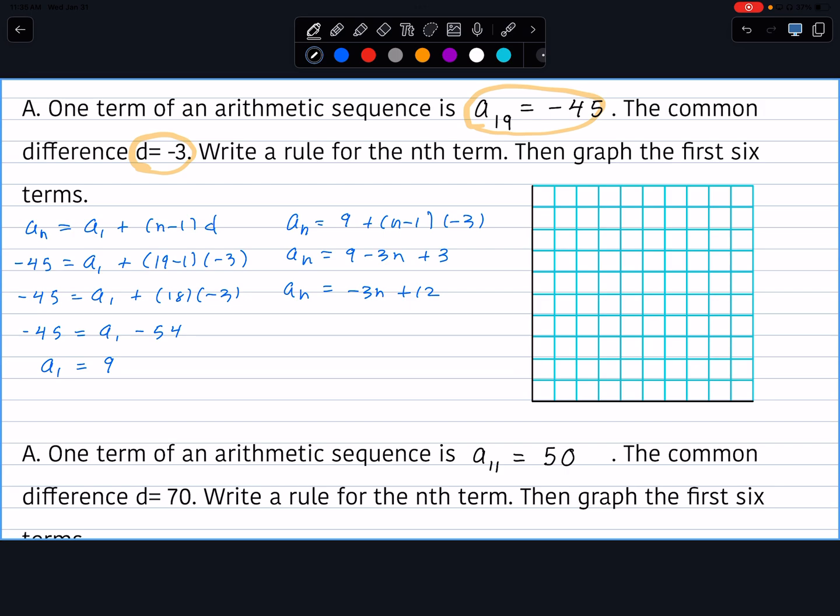Let's go by 2s for the y-axis. And I'm going to go by 1s on the x-axis.